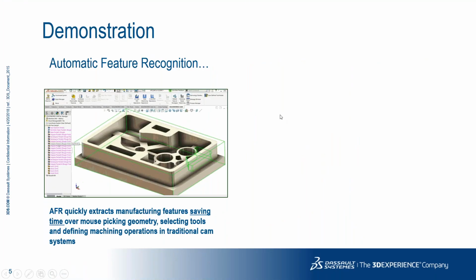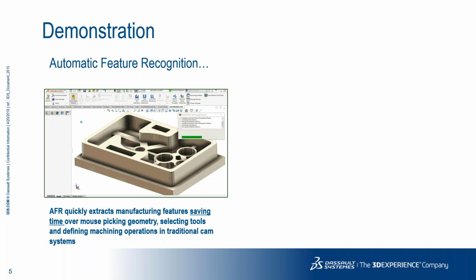Let's come back and recap automatic feature recognition. The great thing about it is that it quickly extracts manufacturing features and saves time over mouse picking. And again, it automatically selects the tool and defines your best in class machining operations.